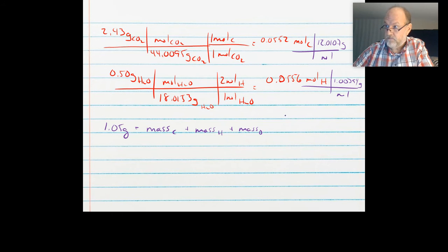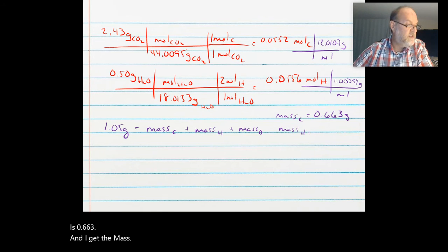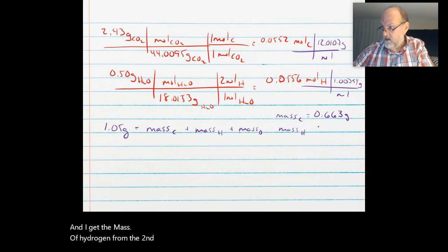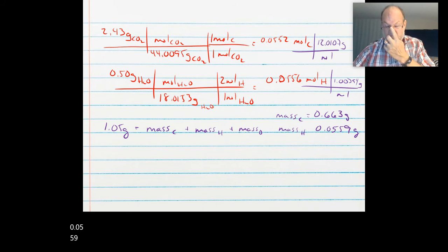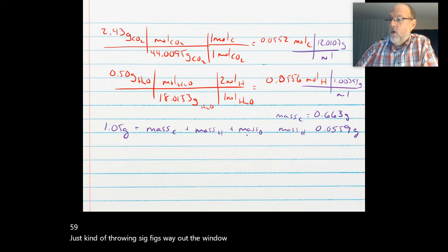And I get that the mass of carbon from the top equation is 0.663. And I get the mass of hydrogen from the second equation to be 0.0559. I'm just kind of throwing sig figs way out the window here. So I need to find the mass of oxygen.